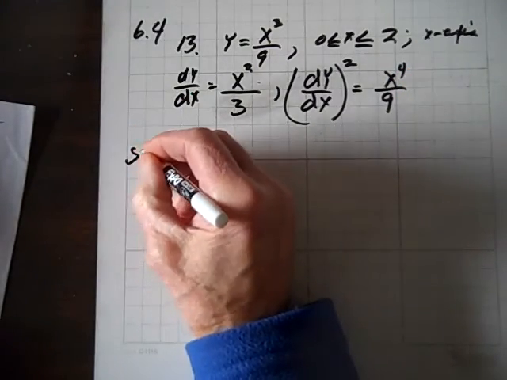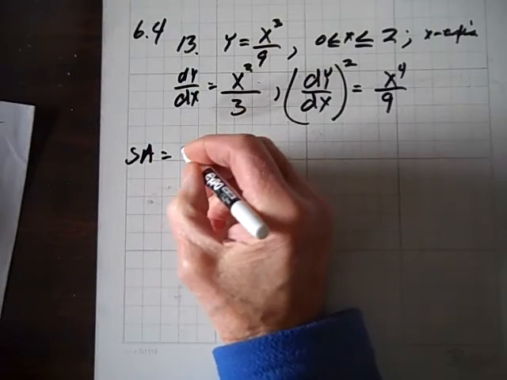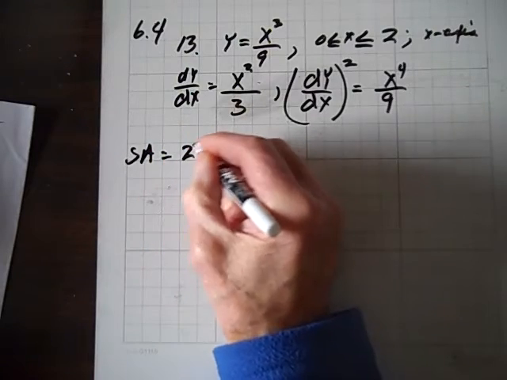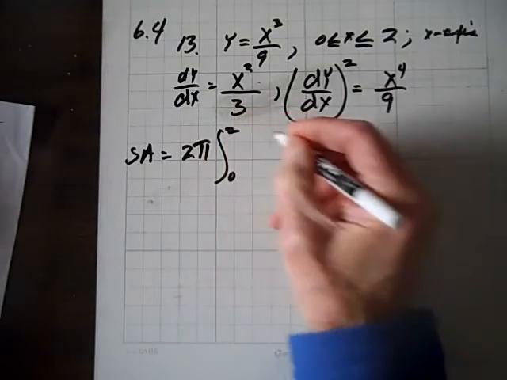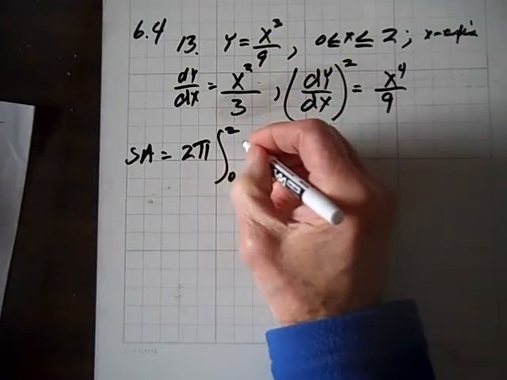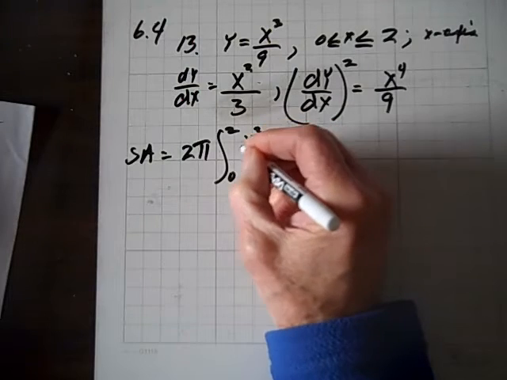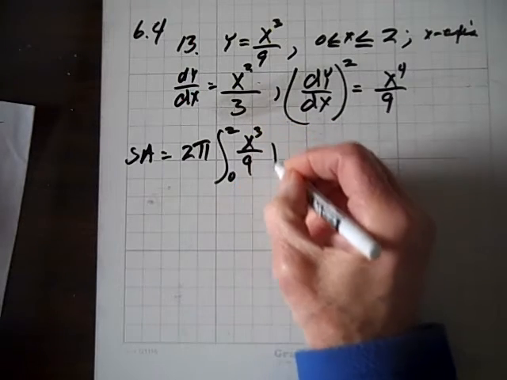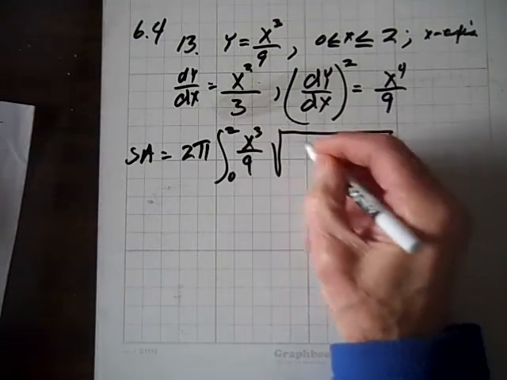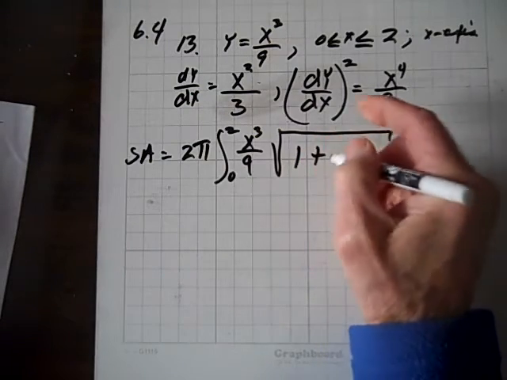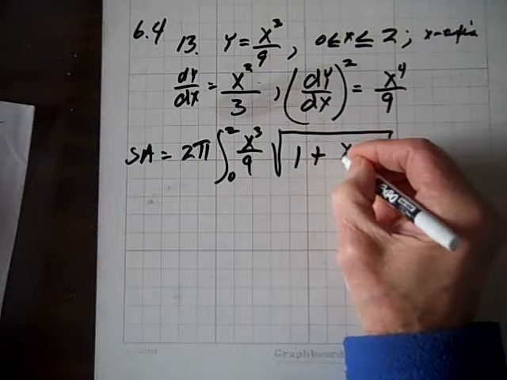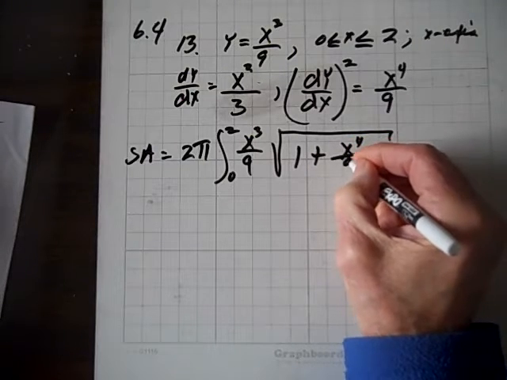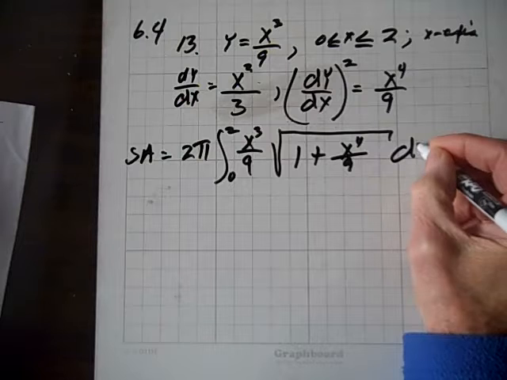So the surface area will equal 2 pi times the integral from 0 to 2 of y, but y is x cubed over 9, and the square root of 1 plus this, which becomes x to the 4th over 9, dx.